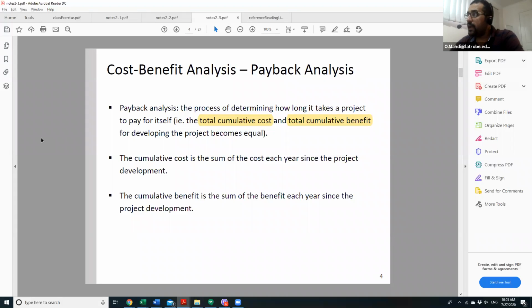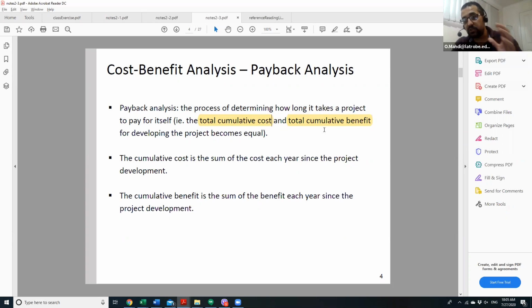All right. Payback analysis is the process of determining how long it takes a project to pay for itself. That means we need two variables with this method: the total cumulative cost and the total cumulative benefits.